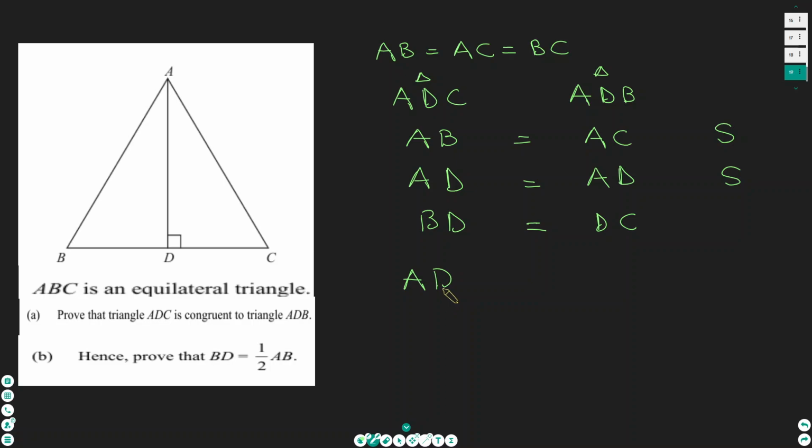This is true for all equilateral triangles and isosceles triangles. The height is also a perpendicular bisector. So we find three sides equal, S, S, S. Therefore, the two triangles are congruent.